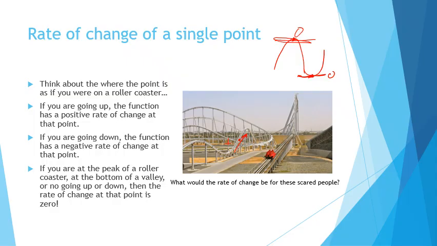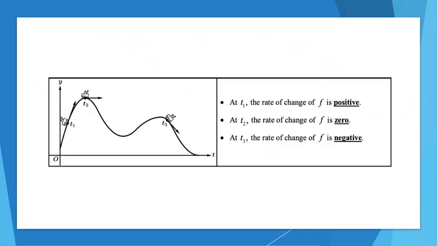You're just standing still either at the top or at the very bottom of whatever graph or roller coaster you're on. So real quick, what would the rate of change be for these scared people at this point right here? This should be 0, right? They are flat, and so 0 would be our answer there. This is a really good example, just visualizing everything that I just said. So this would have a positive rate of change.